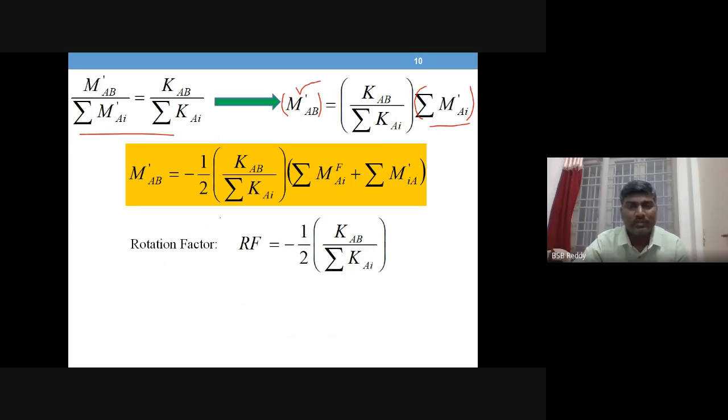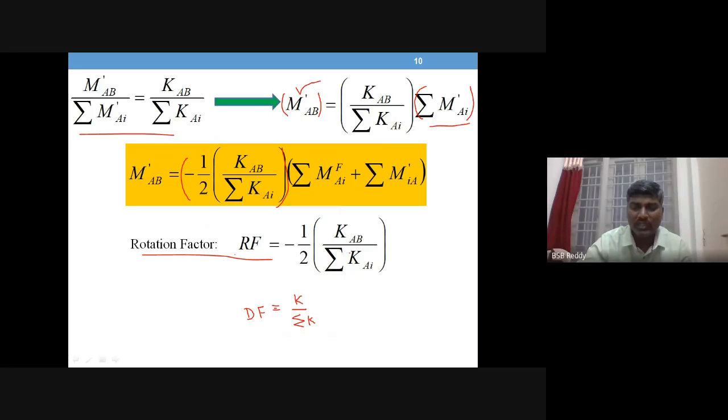Okay, so what is this term called in this derivation? This is called the rotation factor, just like your distribution factor in the moment distribution method. What is the distribution factor? It is K by sigma K. What is the rotation factor now?